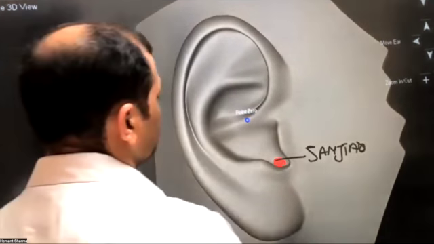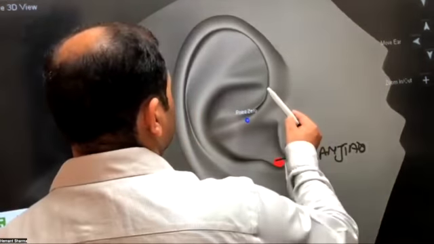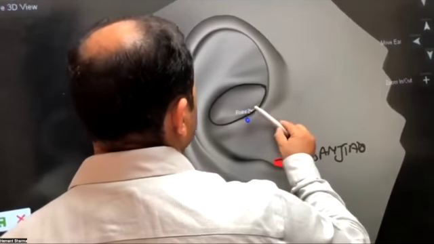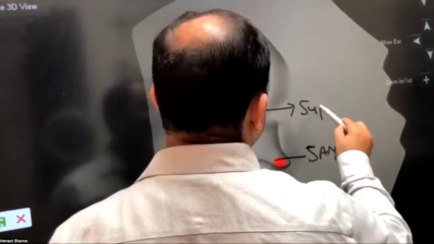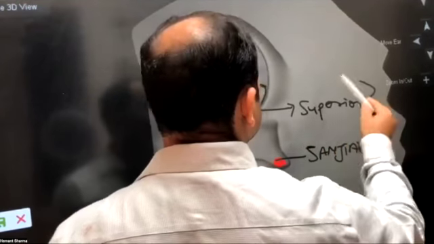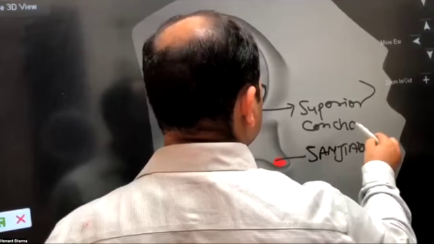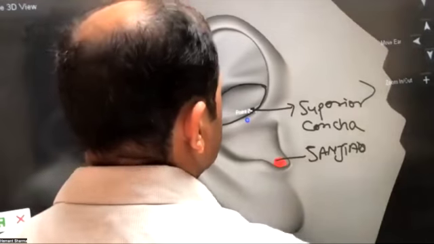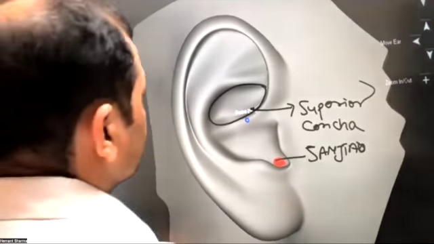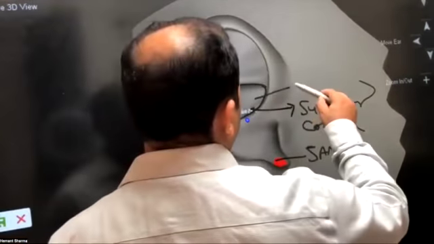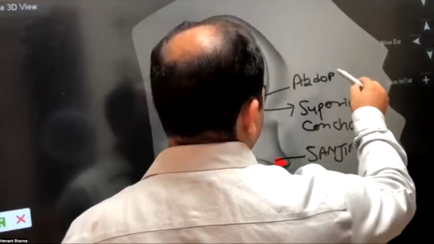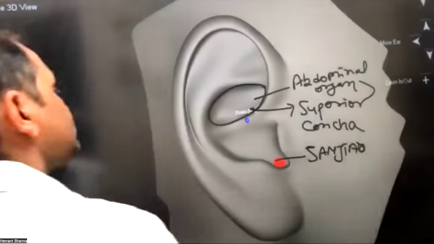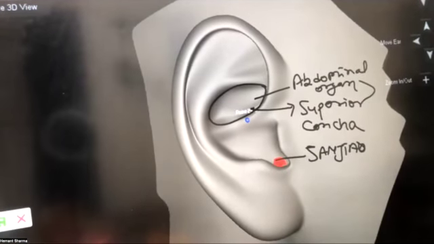Now we are coming to this part. This is the superior concha. In the superior concha we have all the abdominal organs. हमारे सुपीरियर कॉन्चा में सारे के सारे abdominal organ हैं.